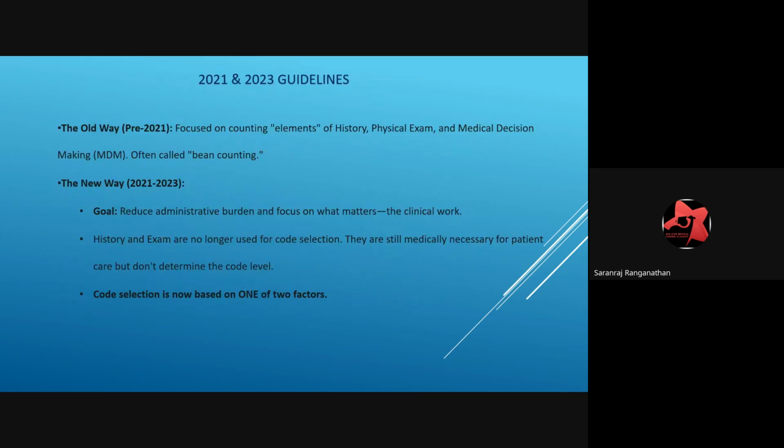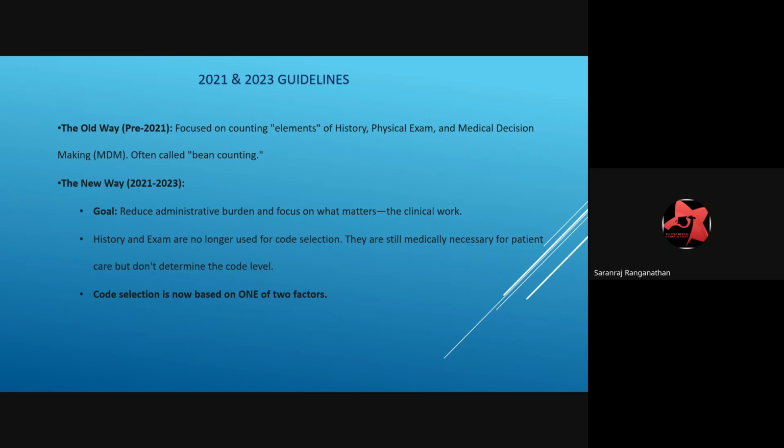Next, what we are discussing is guidelines. Till 2021, we had a different set of guidelines where we focused on elements such as history, physical exam, and medical decision making, and we had ROS, review of systems, and physical examination. Each of these elements had different points which we had to collectively calculate to bring to the level.